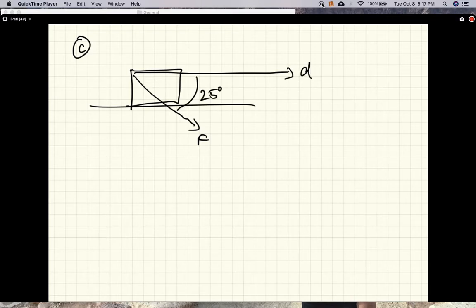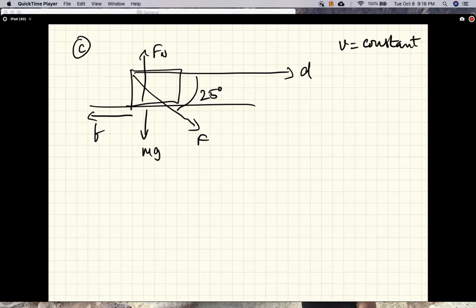This angle is 25 degrees. Now actually, we have to do the following. Here's the friction force, here's the weight, here's the normal force, and they tell us that velocity is constant.